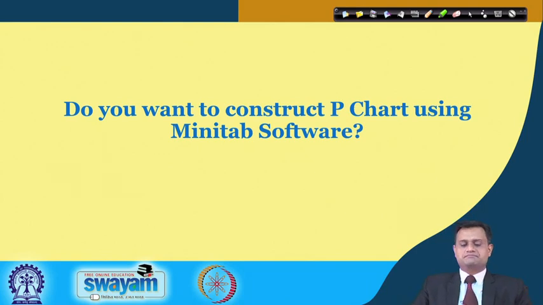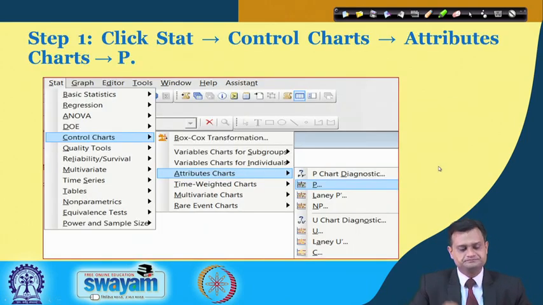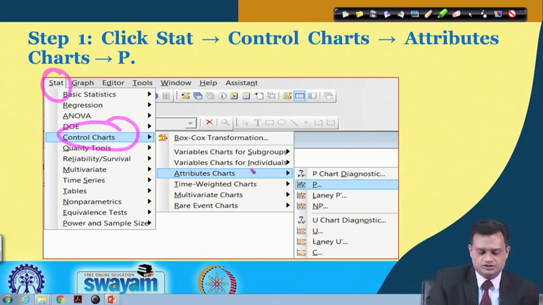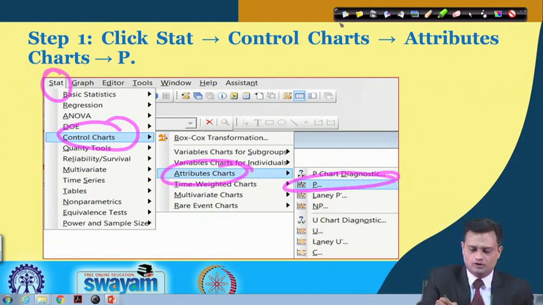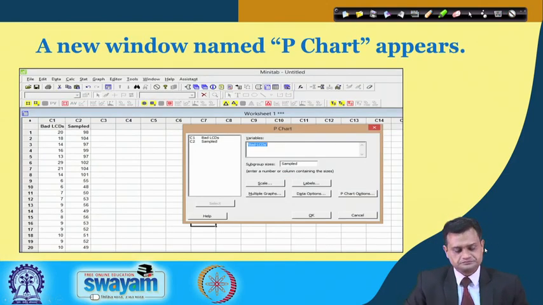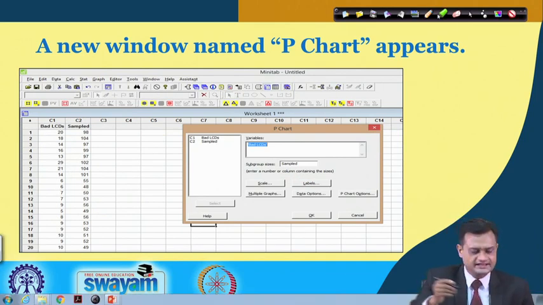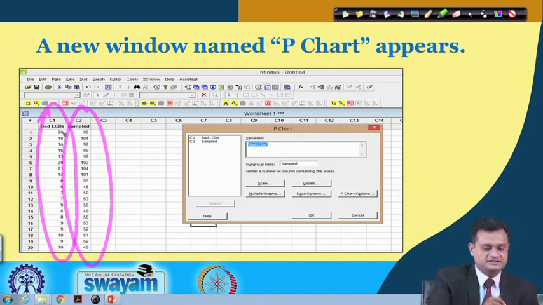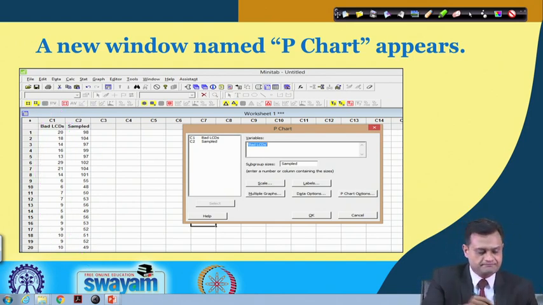Do you want to construct the P chart using Minitab? If yes, then these are very simple steps to follow. Go to Stat, Control Chart, choose Attribute Chart, and then choose the P chart. A very simple window will open, and that will help you. Now you put the data here. You have LCD production, bad LCDs, and the number sampled. For example, you sampled 98 and bad LCDs are 20, you sampled 105 and bad LCDs are 18.